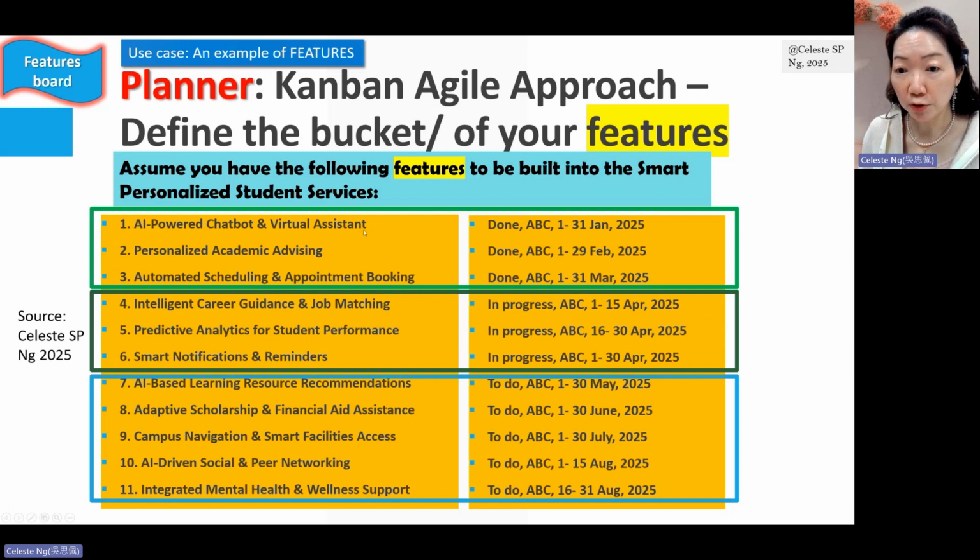I've allocated the first 3 features to be done, and these ABC simply represent the team member responsible for it. You can see the date 1st to 31st January simply indicates the start date for this feature, and 31st represents the due date.